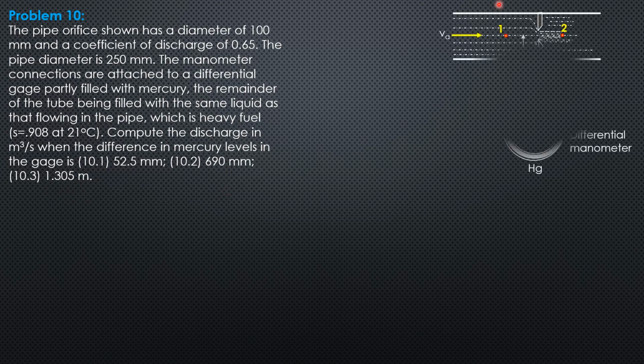So here is the given figure. We have to write the energy equation between points 1 and 2. If we neglect head losses, then these velocity heads should be theoretical velocity heads.